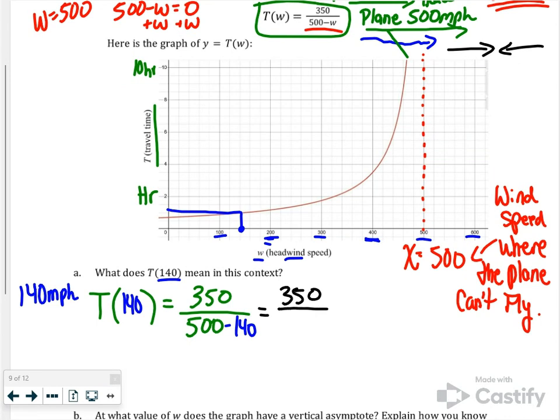350 divided by 360, I'm just going to get a calculator to do that.